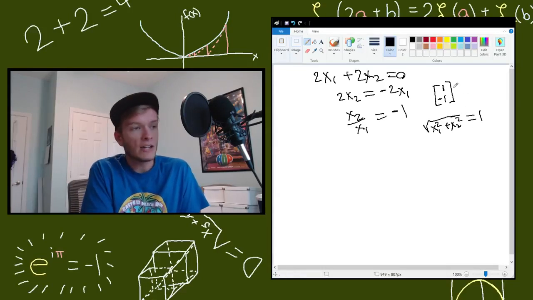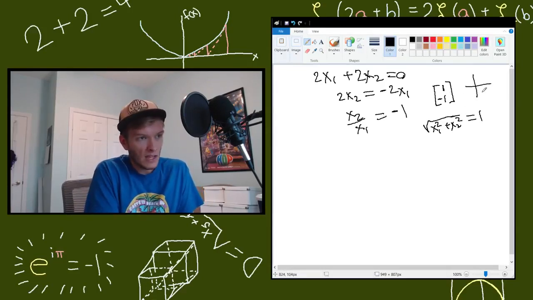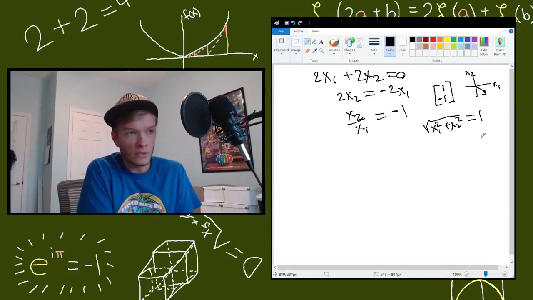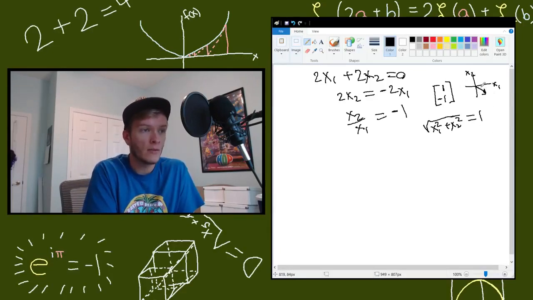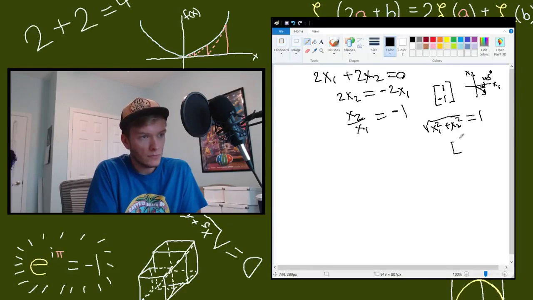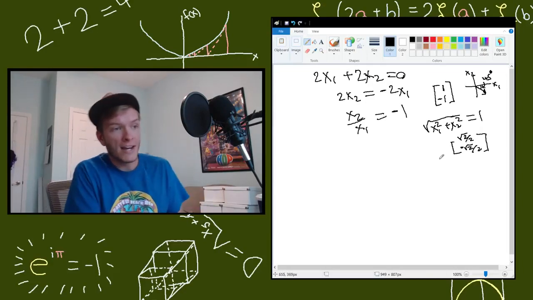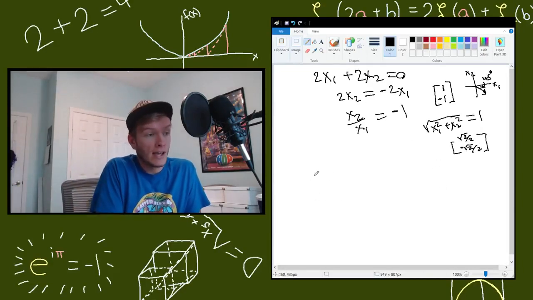So you can just imagine that this is a vector of this direction, if this is x1 and this is x2, and the value on the unit circle that is talking about a 45-degree angle in the fourth quadrant, I believe that would be root 2 over 2, negative root 2 over 2. So that is our first vector, and we can actually go back and solve for the second vector.